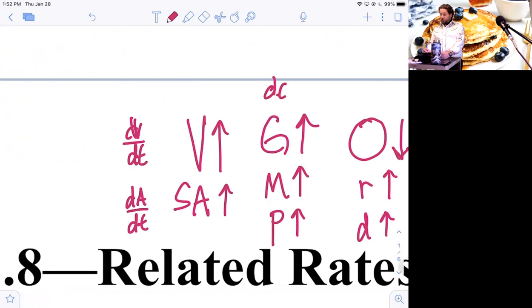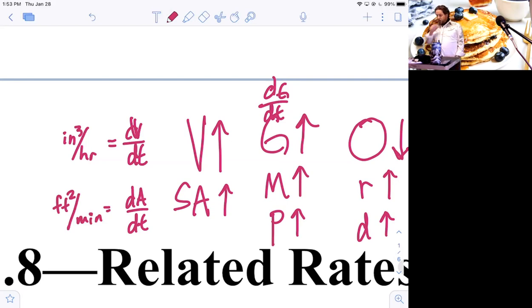Girth, d girth/dt, or dG/dt, and so on. Those are all how fast those things change with respect to time. Volume might be measured in cubic inches per hour. Surface area might be in square feet per minute or something like that. So time will be our independent variable.